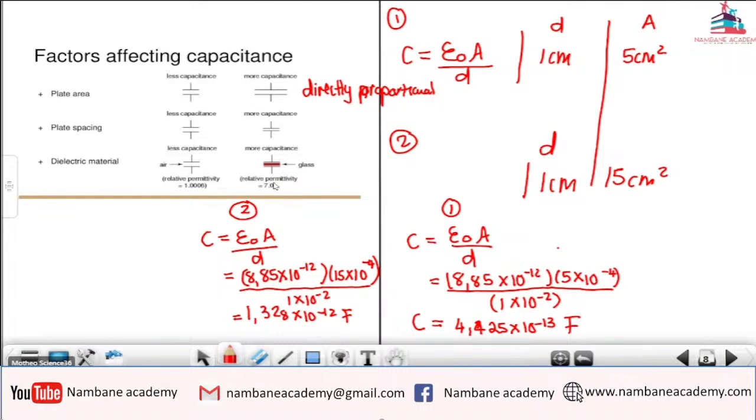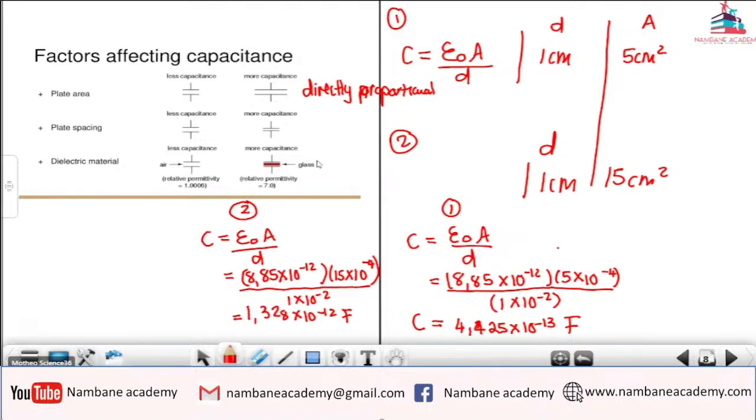So that dielectric material will determine this. This one has more capacitance because its permittivity constant is greater than air. There can be other examples like mica, which is also used in capacitors in most devices. So it depends on what kind of dielectric you have and how that will affect your capacitance, right?